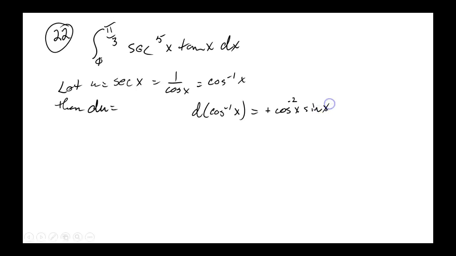So negative sine times a negative cosine to the negative 2x. Or you could write this as sine x over cosine x times 1 over cosine x, right? And what's that?